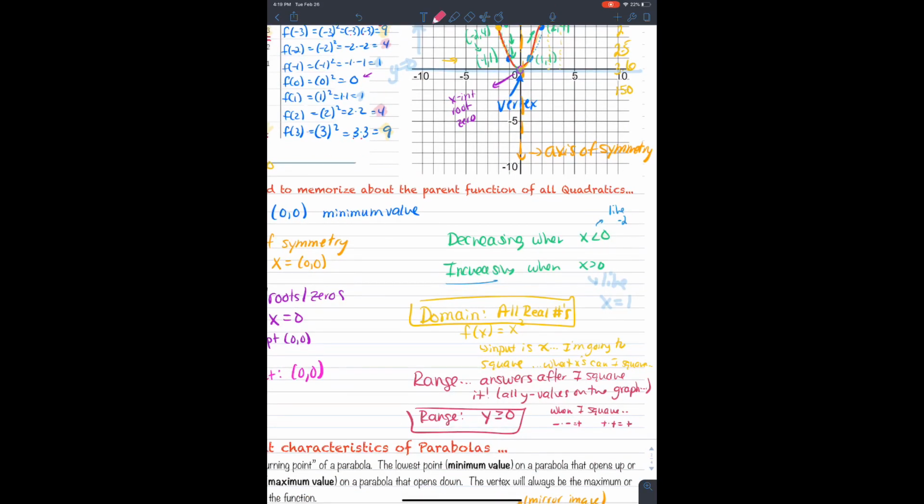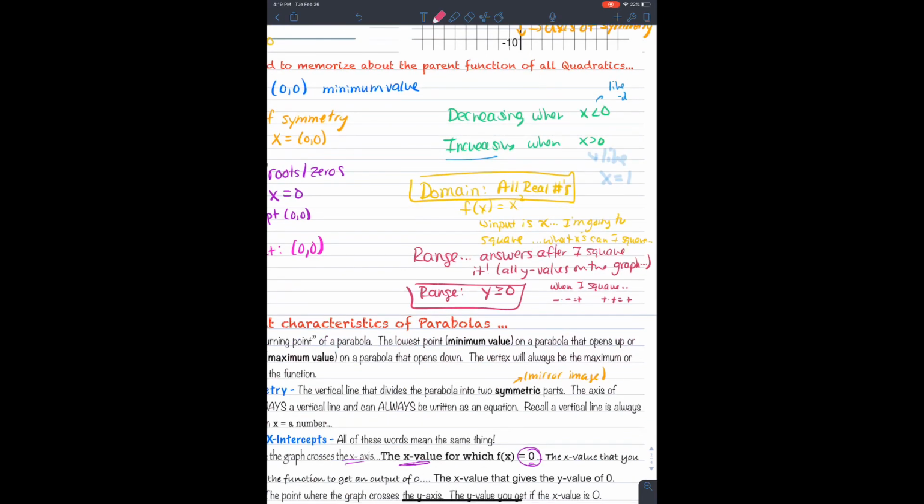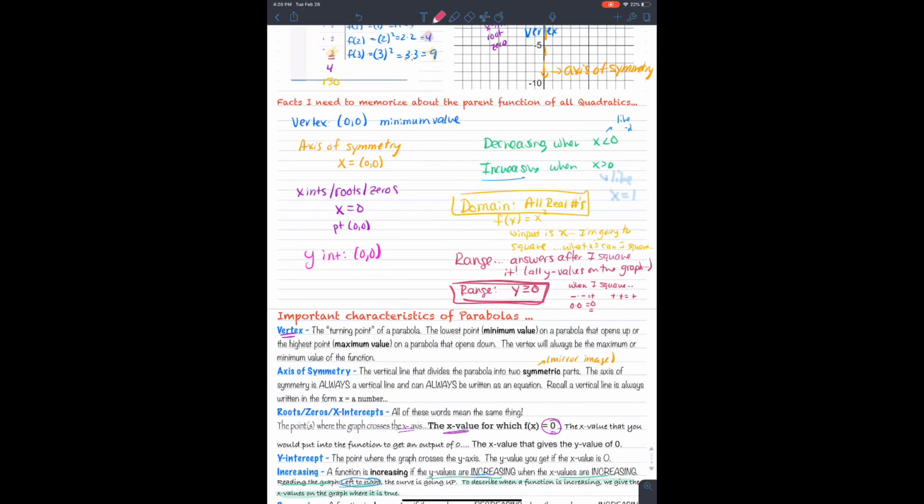So no matter what I do to my number, it has to be positive, unless for some reason I put in 0. So the smallest number I could get out would be 0, and every other number is going to be some number that's positive. So again, our y values could be 0 or a number bigger than 0 that is positive.